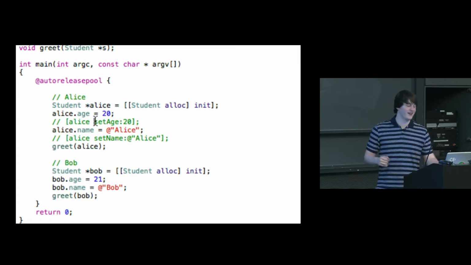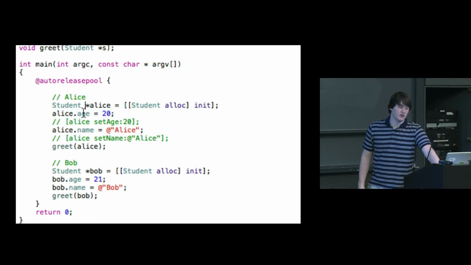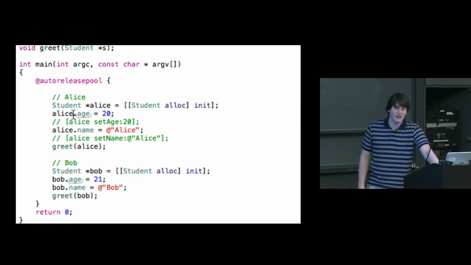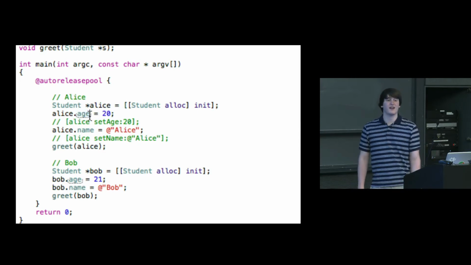It's not like in regular C, where this is a struct, so you would not be able to use dot notation on a pointer to a struct. This is an object. This dot notation is calling a method, and so there's some overhead to that. But again, it's Objective-C. Let the compiler handle any optimizations. Don't really worry about the overhead of message passing.